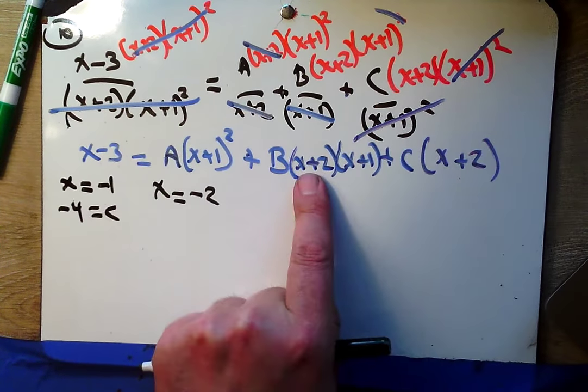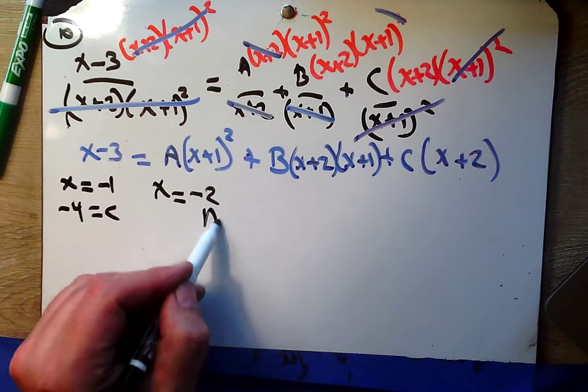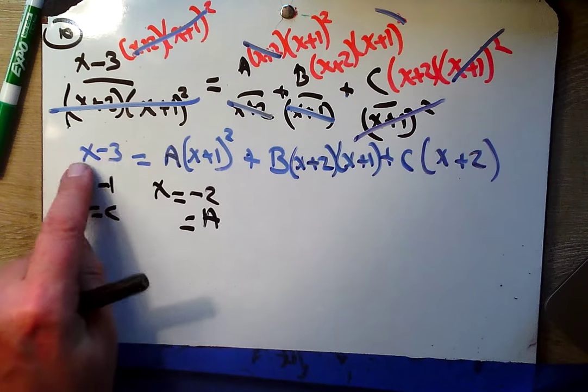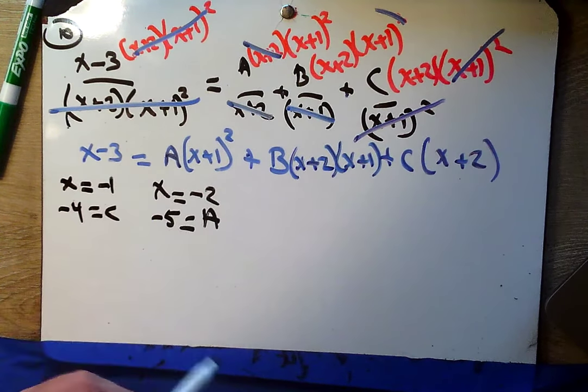And here, negative 2 plus 2 is 0, so all this goes away. Negative 2 plus 1 is negative 1, and negative 1 squared is 1. 1 times A, I'm plugging negative 2 in here, and I'm getting negative 2 minus 3, or negative 5.